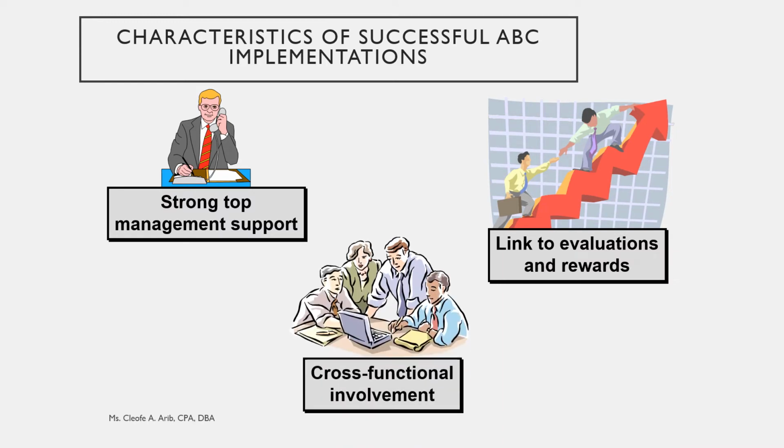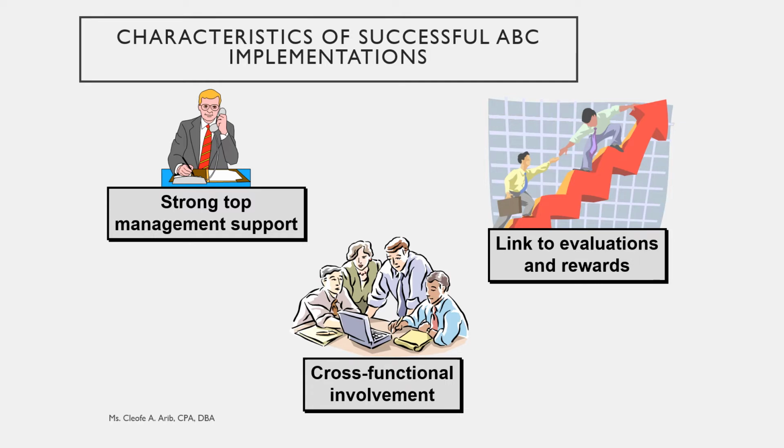In designing and implementing your activity-based costing system, 3 characteristics must be present. First, top managers must strongly support the ABC implementation because their leadership is instrumental in properly motivating all employees to embrace the need to change.